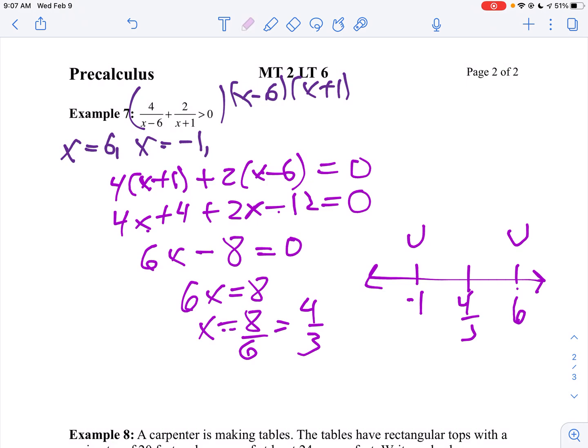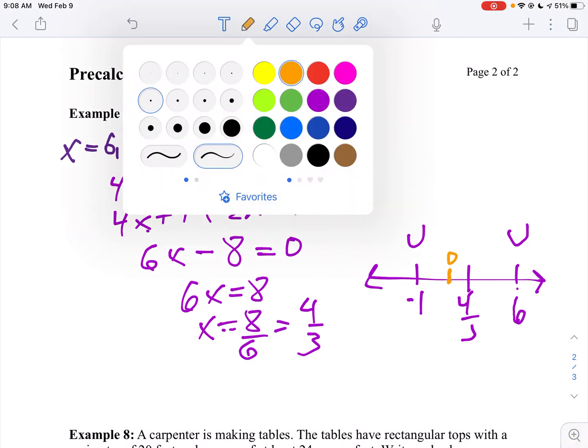So let's pick a test point, and once again, I like to pick 0, because nice things happen with 0. So 0 is going to be between -1 and 4/3. So here's my test point. I put in 0 for x. What do I get?